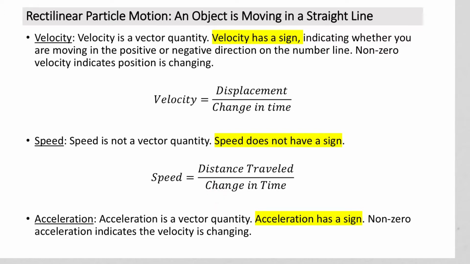And then we have acceleration. Acceleration is a vector quantity, so that means it's a signed quantity. Acceleration has a sign. Non-zero acceleration indicates that the velocity is changing. So if you have a zero acceleration, that indicates that you have a constant velocity.